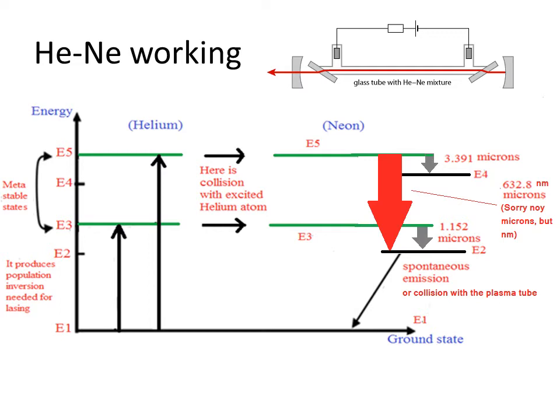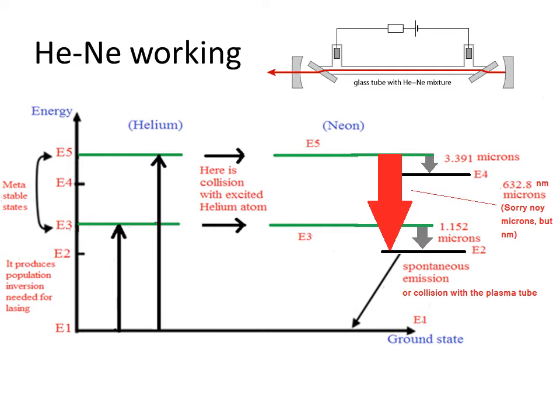So these are the energy levels. You can see E1 is shown to be the ground state. Both helium and neon are at the same level in the ground state. Then you have an energy level E2, and in the case of neon, E2 is shown. That is the level above E1. Then we have E3, which is drawn in green color.